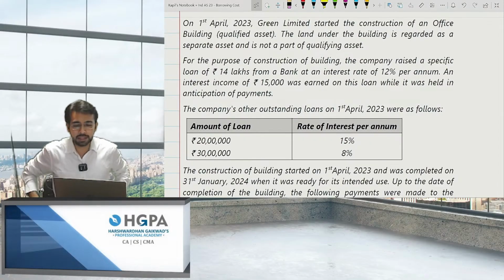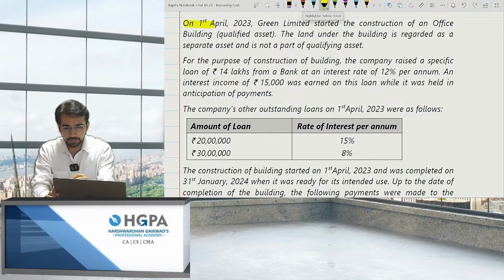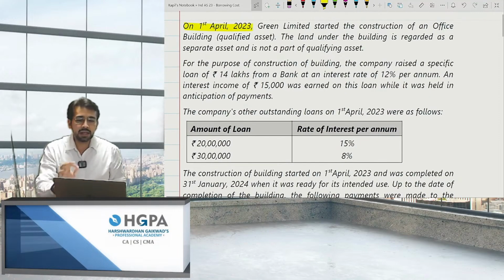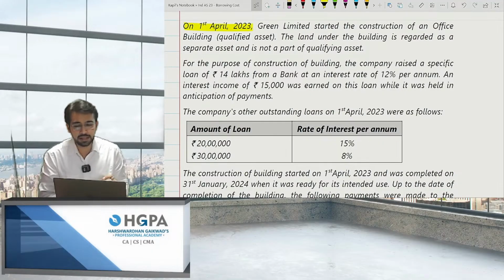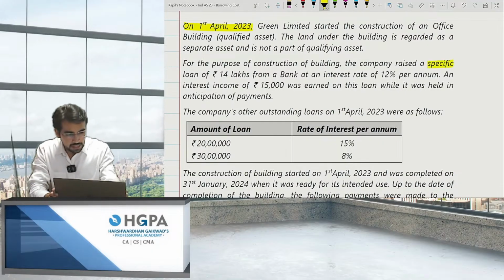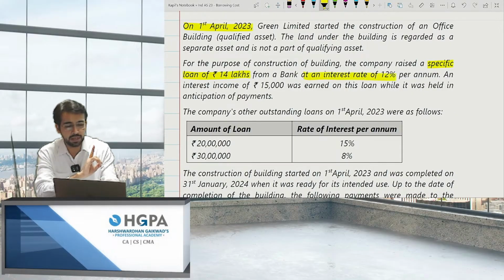On 1st April 23, Green Limited started the construction of an office building, that is a qualifying asset. The land under the building is regarded as a separate asset and is not a part of the qualifying asset. For the purpose of construction, the company raised a specific loan of 14 lakh rupees from a bank at an interest rate of 12% per annum.